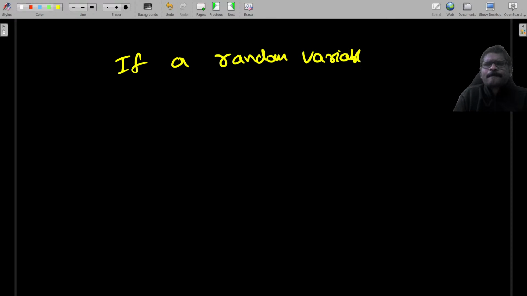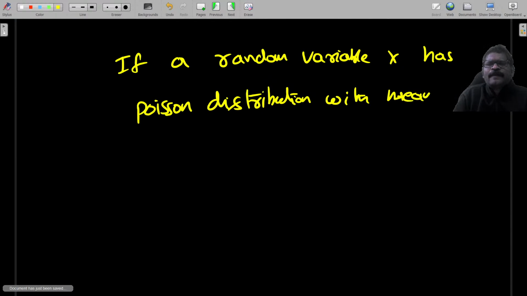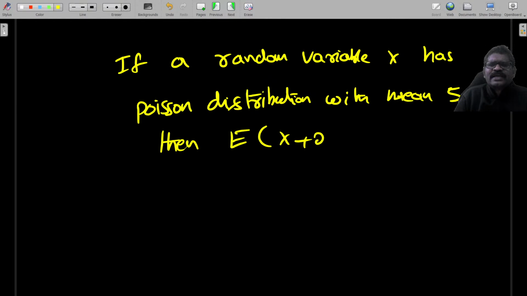Next problem. If a random variable x has a Poisson distribution with mean 5, then the expected value of x plus 2 whole square is?